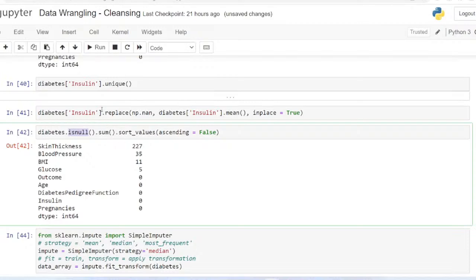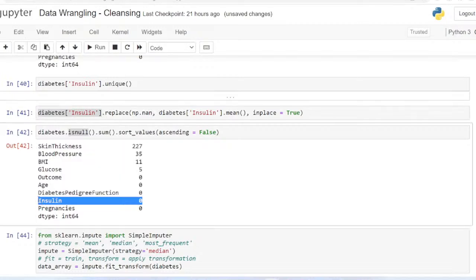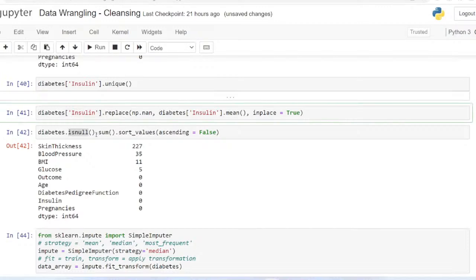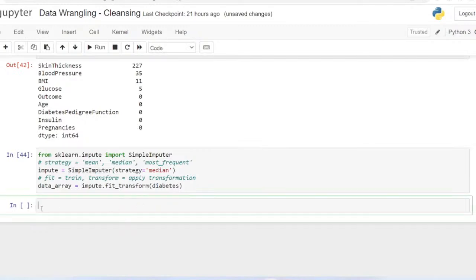So once all your missing values are gone, what should it return? 0. So what's the problem? Now apply the transformations here. Once we have applied the transformation, all the data will be gone.